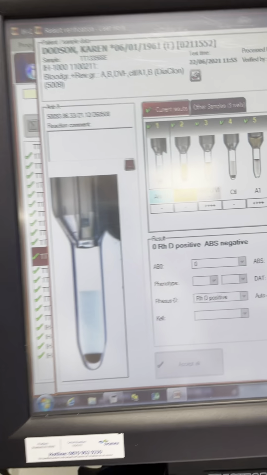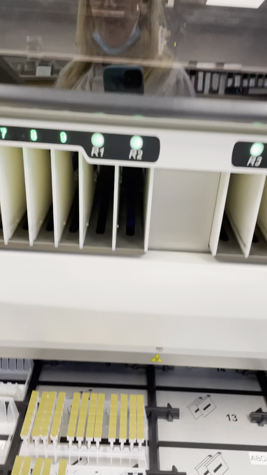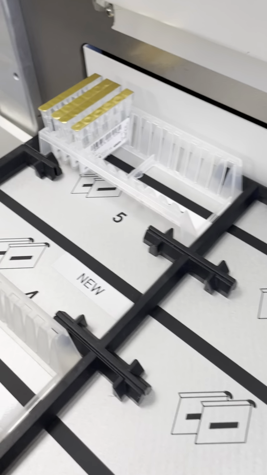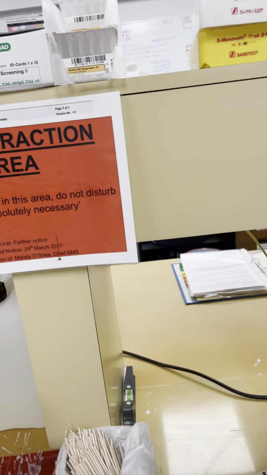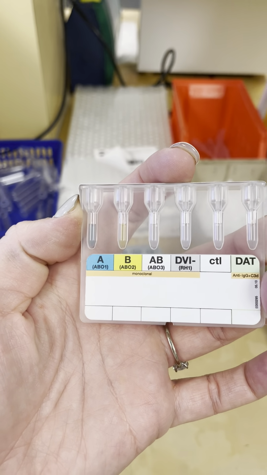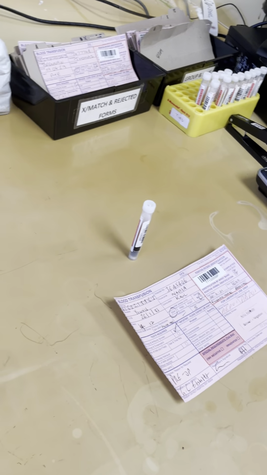So other tests we perform on board the analyzer are newborn cards. Just noticed there is none on, so let's have a look. So yeah, these are our newborn cards.